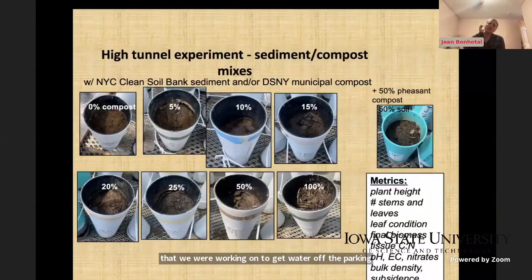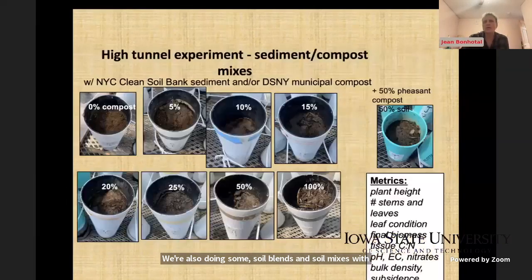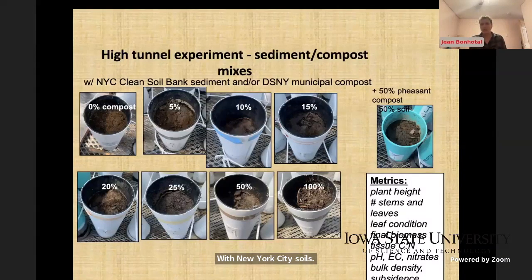We're also doing some soil blends and soil mixes with New York City soils. We looked at compost to mineral soil mixes, 0, 5, 10, 15, 20, 25, 50, and 100%.